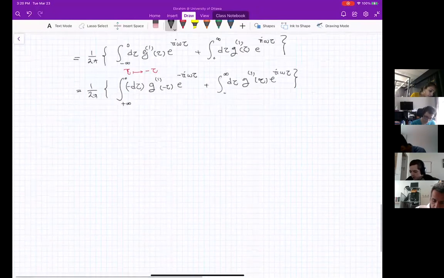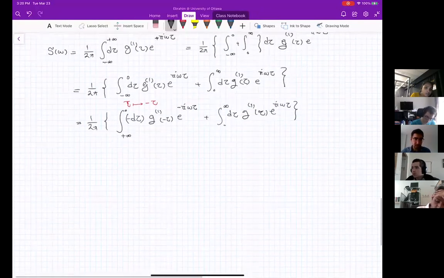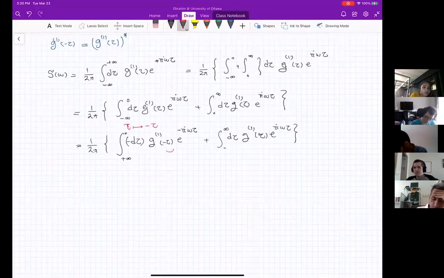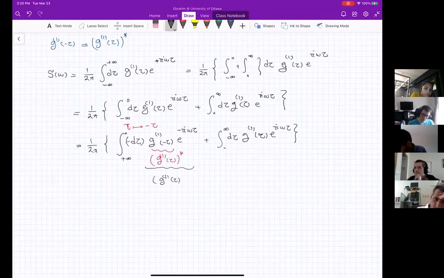Good. Just as we discussed, that can be replaced by G1 of tau star, or in general, the entire of these things is G1 of tau e power of i omega tau, star. And minus d tau will change the interval from 0 to plus infinity.